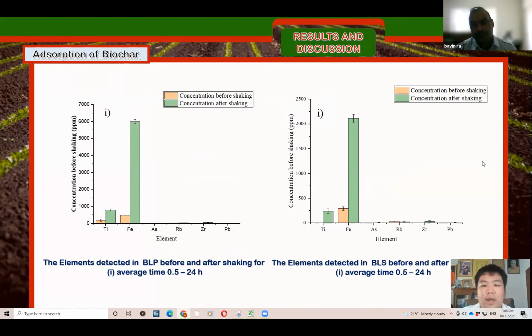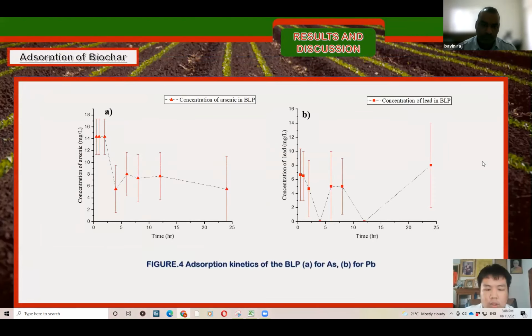The biochar adsorbent has a selective element structure and is not able to adsorb elements equally. Figure 4a shows the arsenic content after shaking at 0.5 to 24 hours, and Figure 4b shows the lead content after shaking for 0.5 to 24 hours.